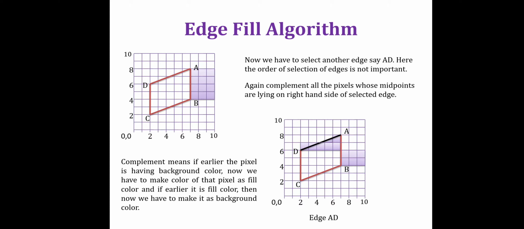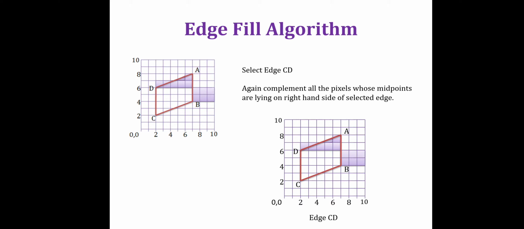Now which next edge we have to consider? Suppose we are selecting the edge CD. This is our previous diagram with the points on the right hand side of edge AD complemented. Now we have to consider the edge CD. Again I have to complement all the pixels whose midpoints are lying on the right hand side of the selected edge.